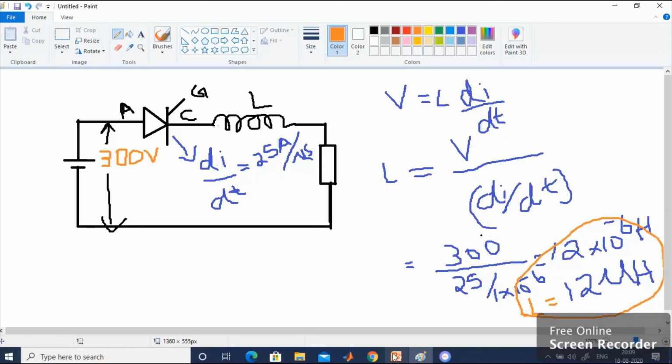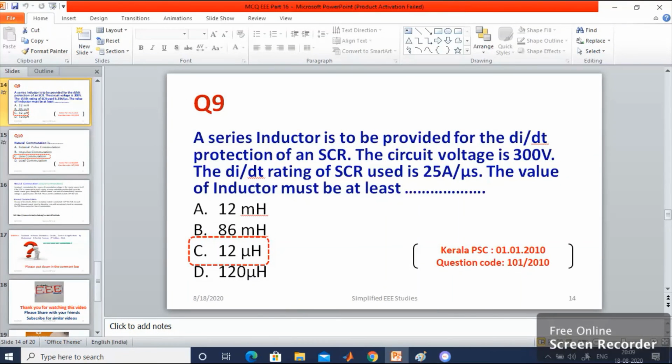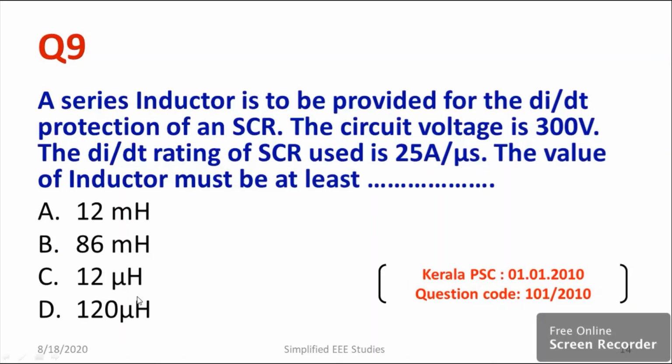Now let us check whether the same thing is available in the options or not. Obviously it's available. You can go for the third option. So the third option is the right answer. The value of inductor should be at least 12 microhenry.